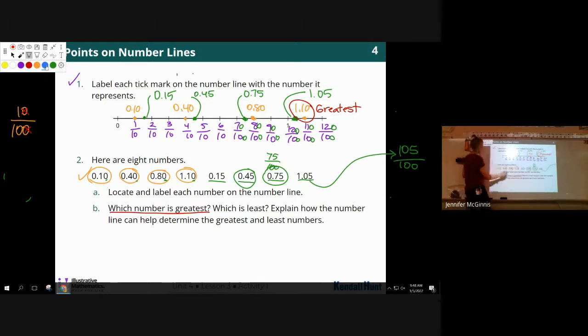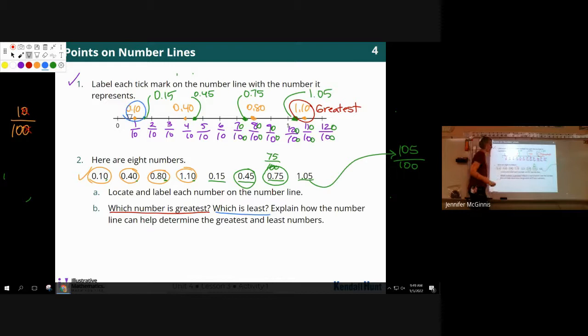Which one is the least? Least. Ethan. 0.10 hundredths. Hey, good job. You don't have to say it. That's excellent. But you don't have to say the 0.10 hundredths. All you have to say is 10 hundredths. Good job, Ethan.